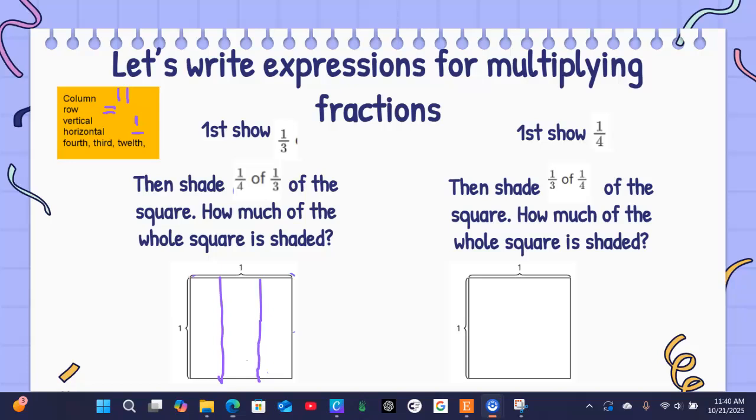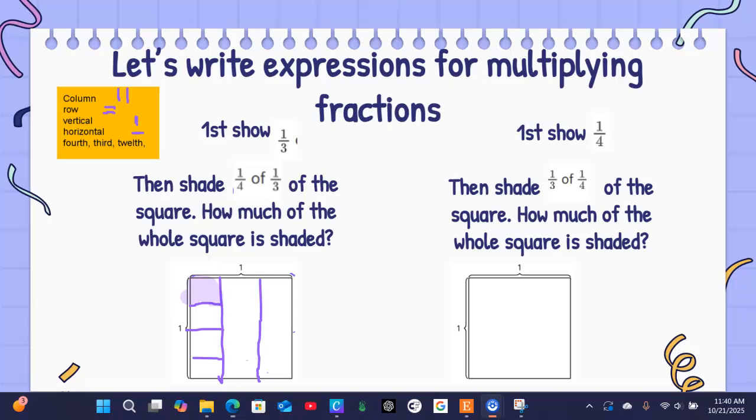And then one way that I can do it, if it says 1/4, I could just do it just like this. And that would still be an answer. So that would be 1/4. As you can see, 1/4 on this side. 1/3 of 1/3.